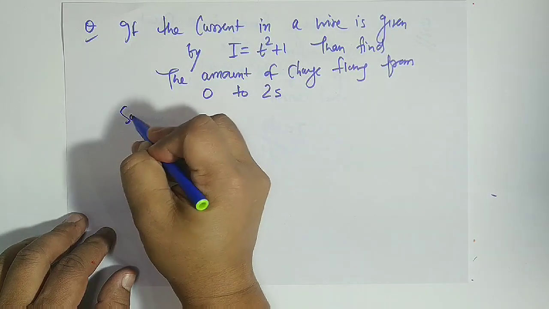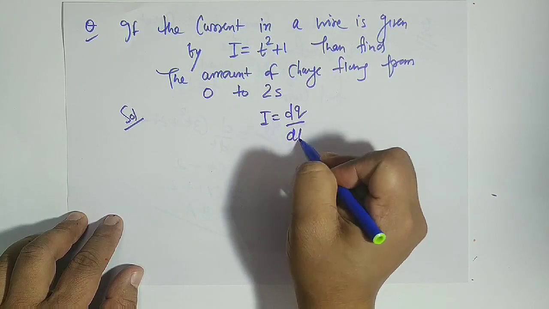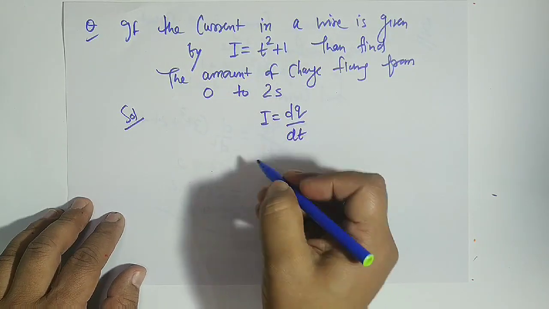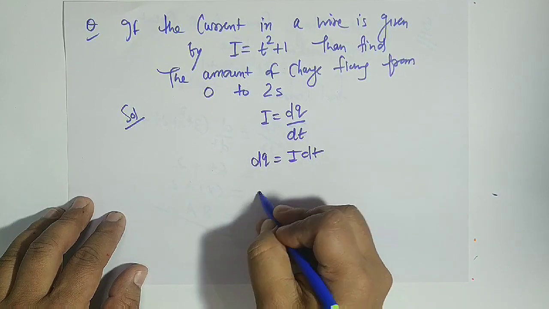So very simple, we know that I is what? dQ by dt. Are you getting it? It is again the differential, so dQ will be what? I dt.